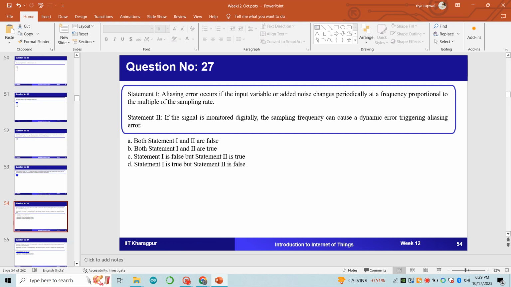Statement 2: if the signal is monitored digitally, the sampling frequency can cause a dynamic error, triggering aliasing error. Option A is both statements are false, B is both statements are true, C is one is false, two is true, D is one is true, two is false. Option B, ma'am. Option B, both are true.